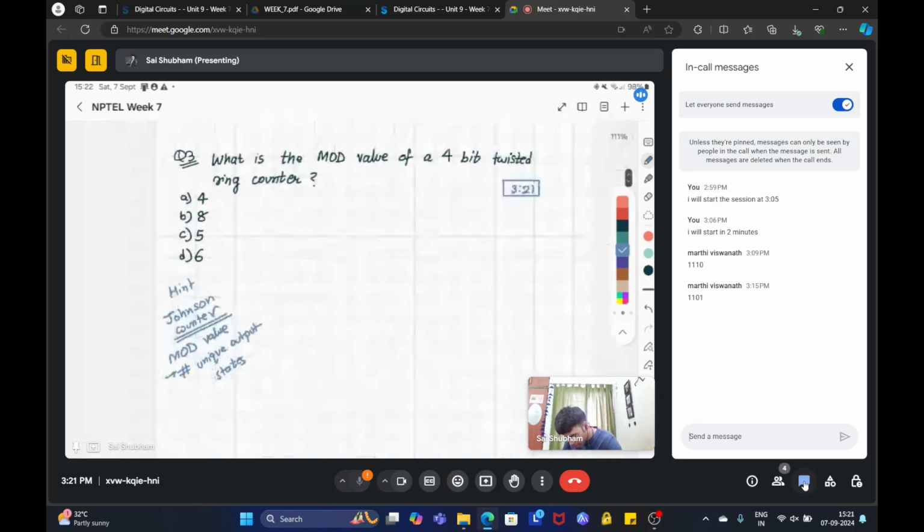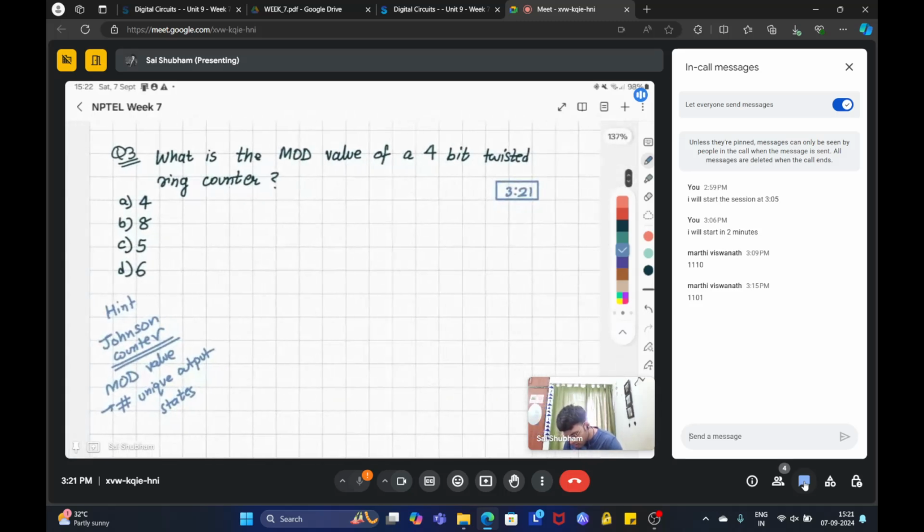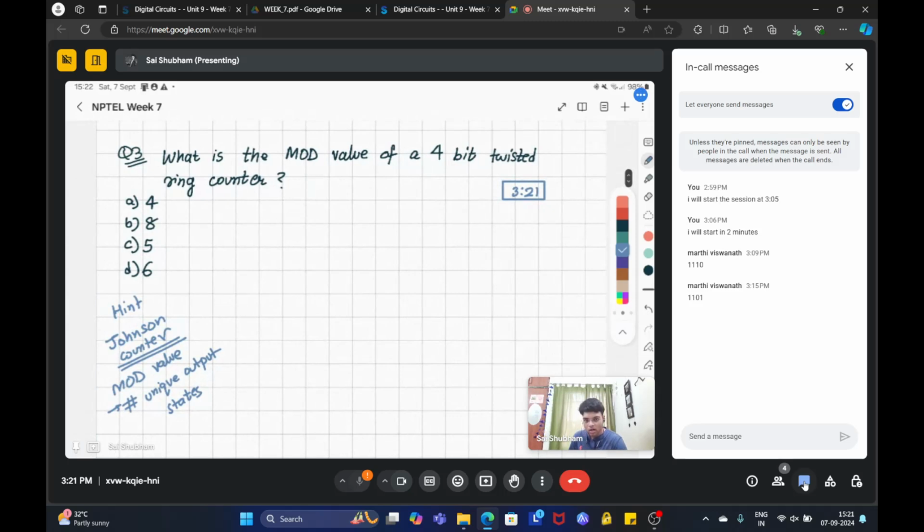If you are done with this question, you might try to attempt what is the mod value of a 4-bit ring counter, simple ring counter.